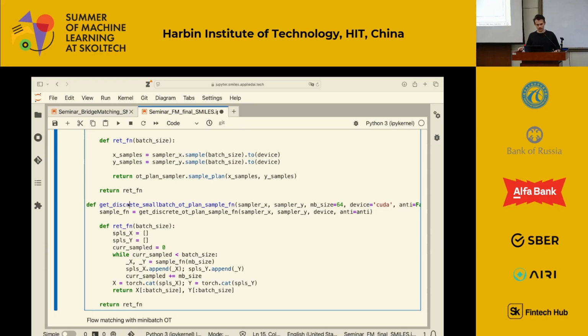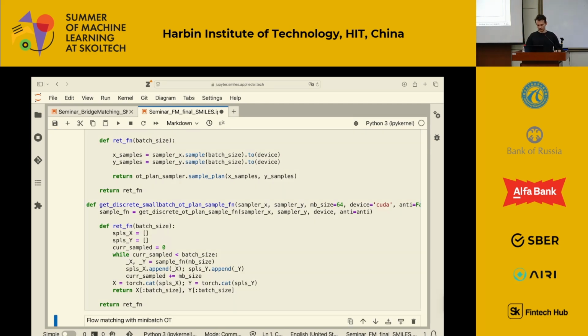So what else can we do here is divide our already mini batch into smaller mini batches and solve optimal transport between these, construct from them one mini batch, and then pass it to our flow matching. So this makes the algorithm faster.